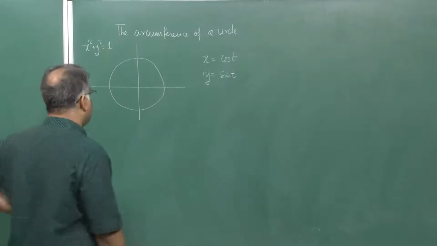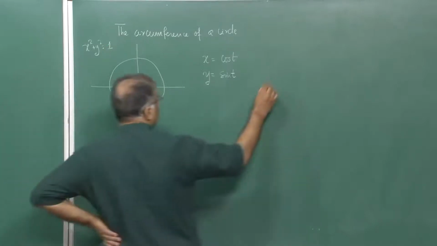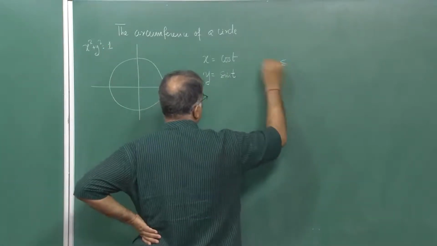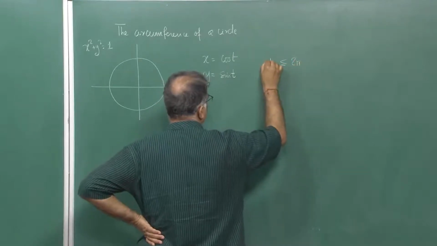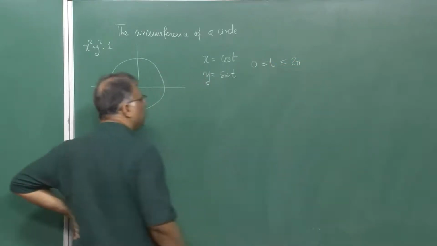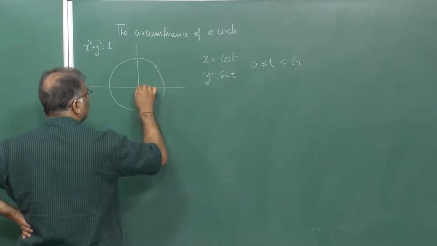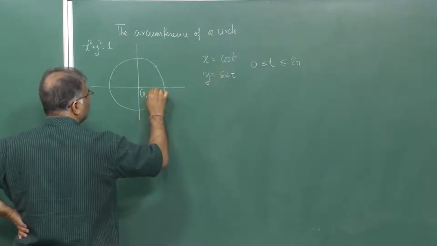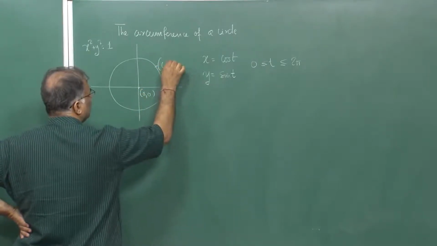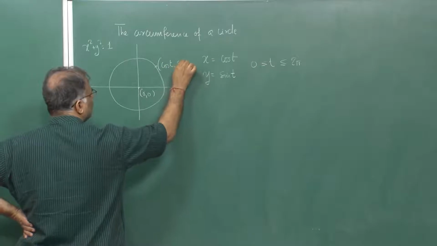And t of course varies from either minus pi to pi or 0 to 2 pi, whichever way you want. So, any point here on the unit circle with 0 0 as the center can be written as cos t, sin t. What is this t?